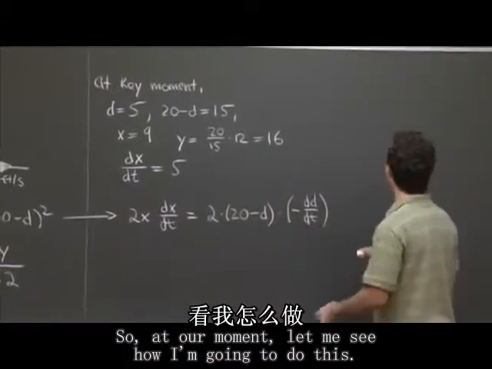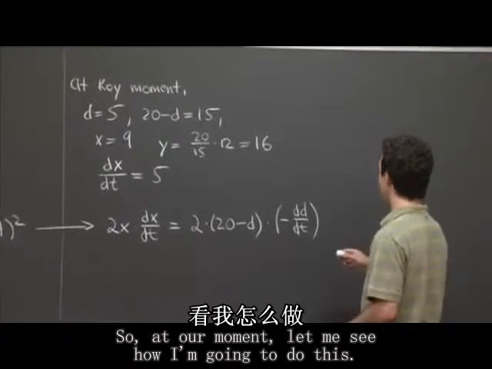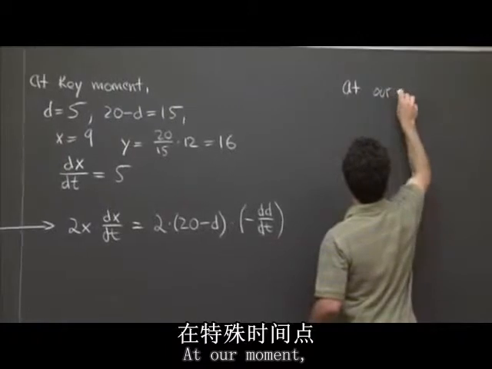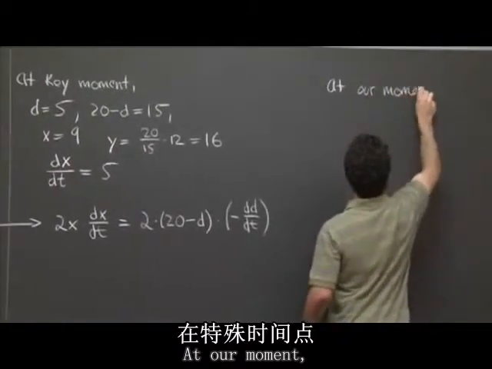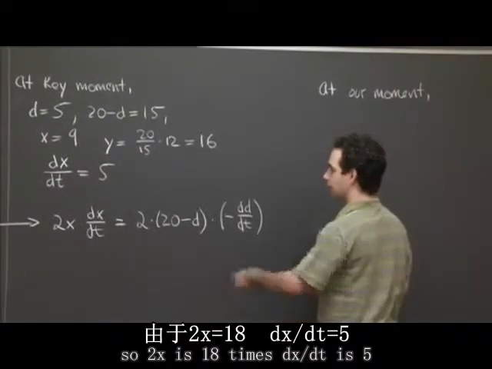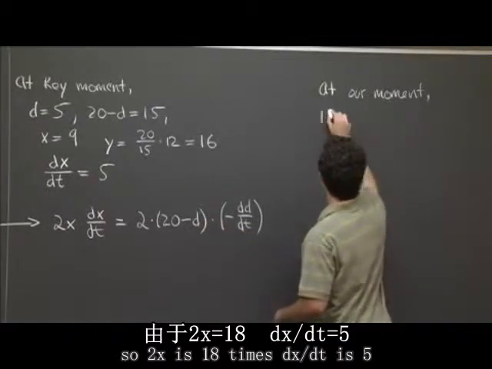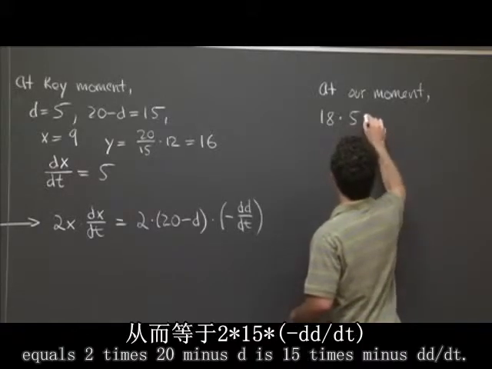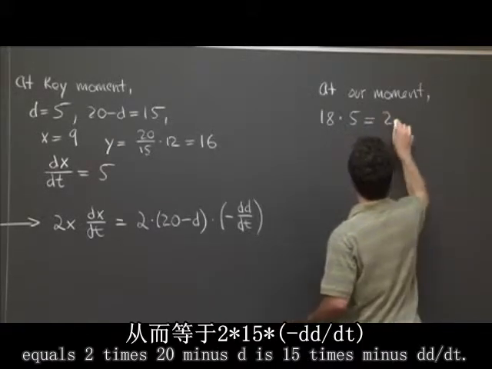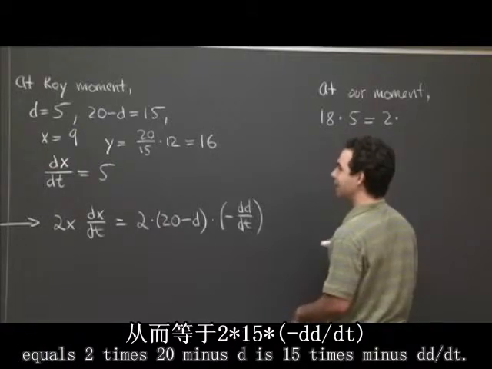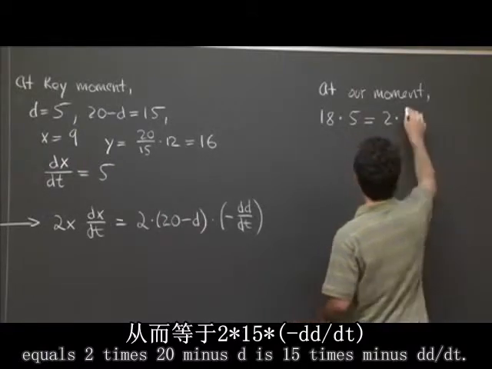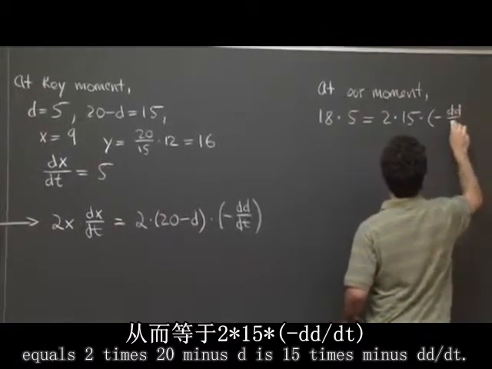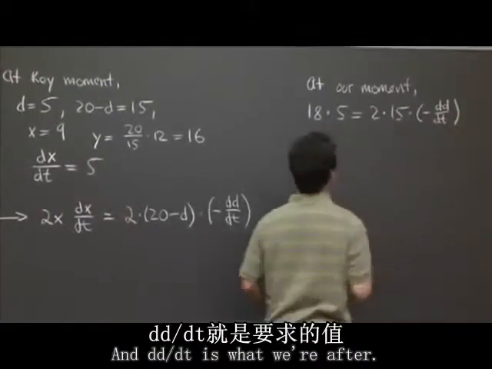At our moment, 2x is 18, times dx/dt which is 5, equals 2 times (20 minus d), which is 15, times minus dd/dt. And dd/dt is what we're after.